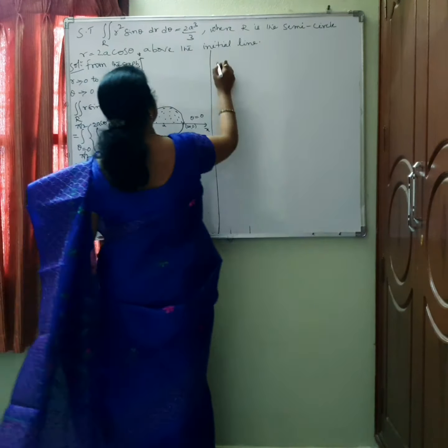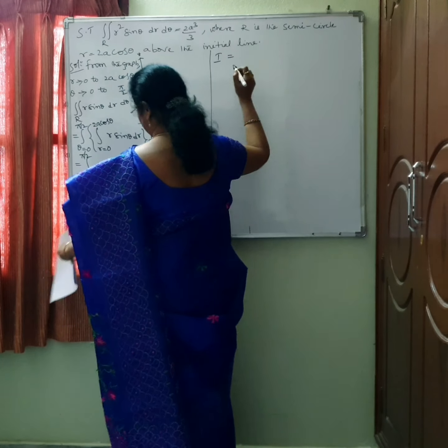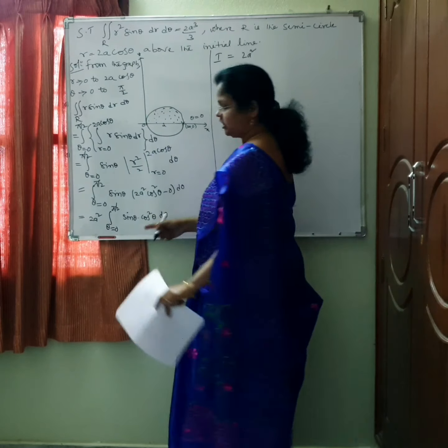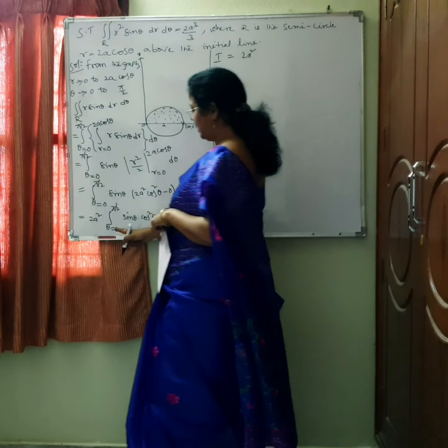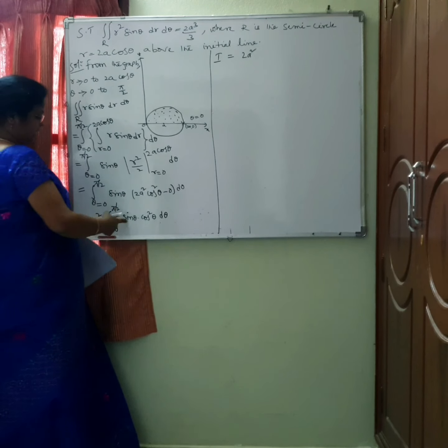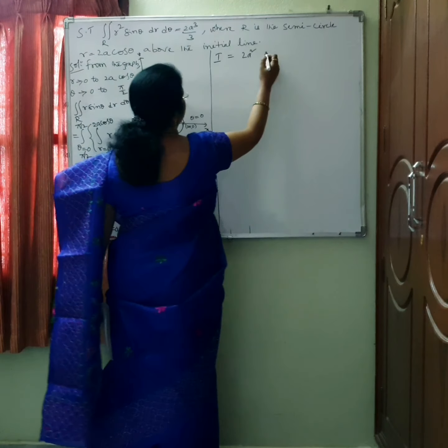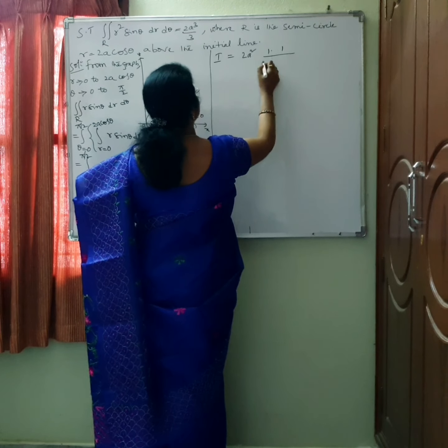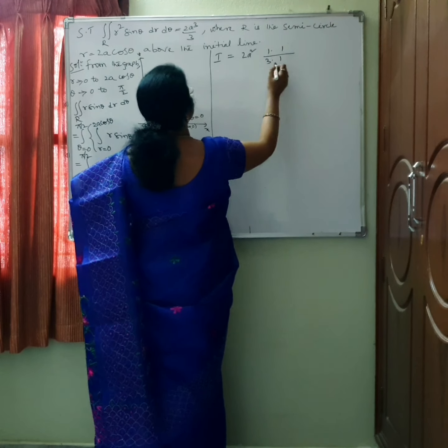Here I am representing the LHS as the integral, equal to 2a square, and just now I have written the formula of integral 0 to pi by 2 sin to the power m theta into cos to the power n theta d theta. Using that formula, 1 into (2 minus 1), 1 plus 2, 3 into 1.